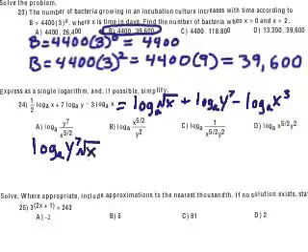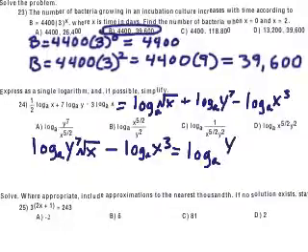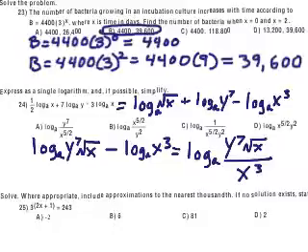And then, of course, that's minus log base a, x to the third power. Now we're down to 2 logs, and we're going to combine these. When it's subtracted, you can make it the quotient. So this equals log base a of y to the 7th power square root x divided by x to the 3rd power.